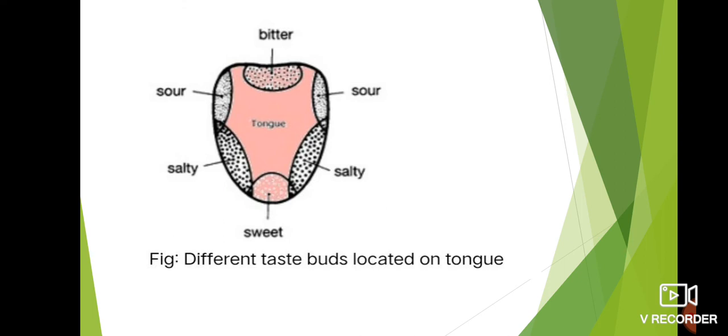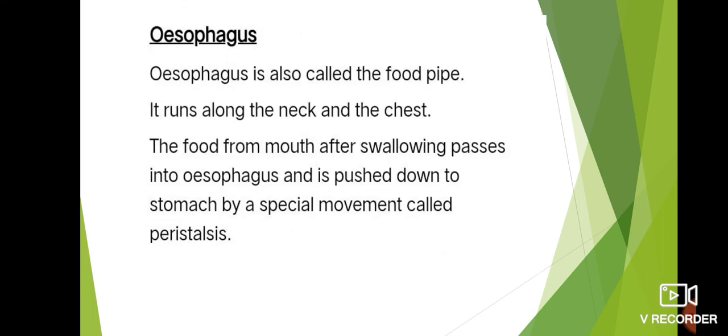Is it clear? The next part in the human digestive system is the esophagus. It is also called the food pipe. It runs along the neck and the chest. The food from the mouth after swallowing passes into the esophagus and is pushed down to the stomach by a special movement called peristalsis.